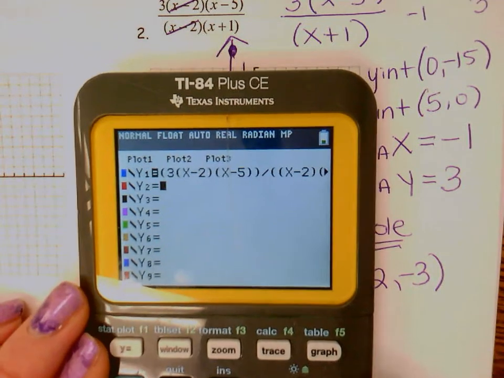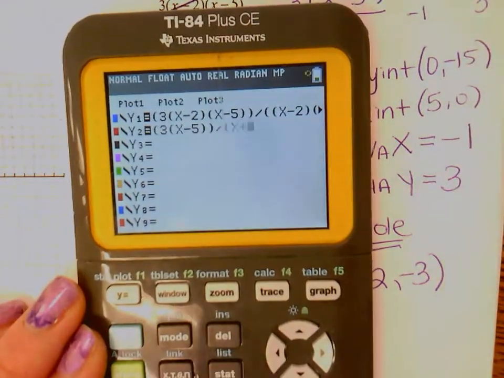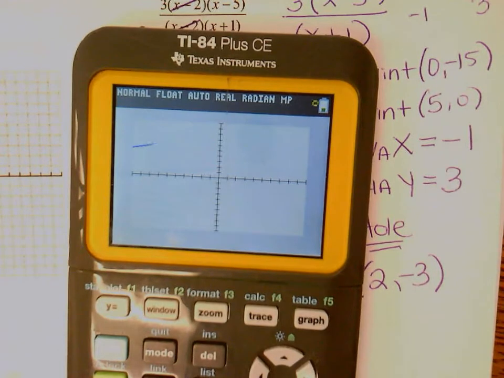My new function was 3 times x minus 5 divided by x plus 1. So if I graph these, hopefully I typed them in right. So the blue is the original function, and then the red is the new function. So on the physical graph, you can't see any difference.